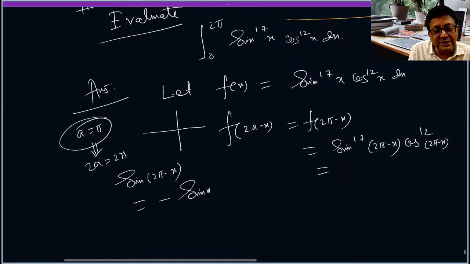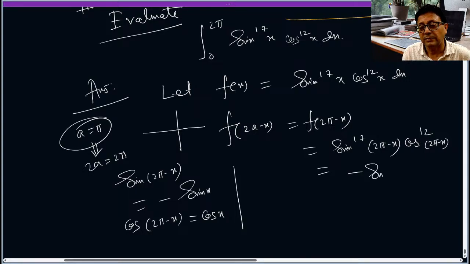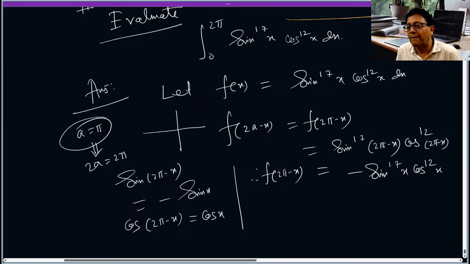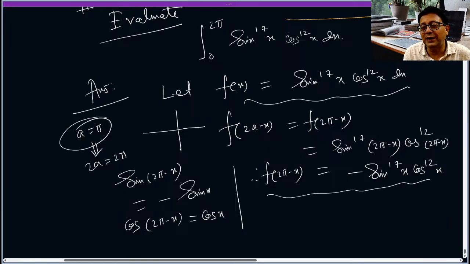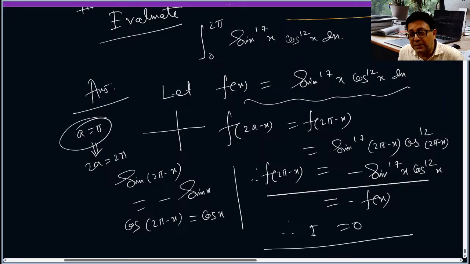Sine 360 minus x lies in the fourth quadrant, so minus. And cos 360 minus x, fourth quadrant, plus. It's all right? You understand? What have you got? This was our fx. We found f of 2a minus x. It is coming in the form of minus of fx. So I equal to 0. Enough. You have done it.